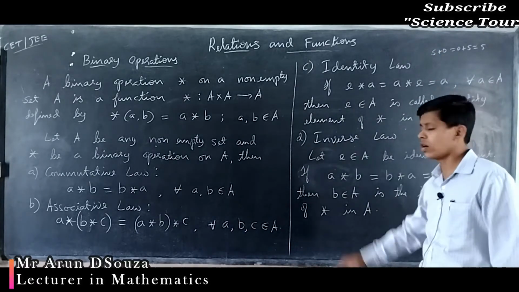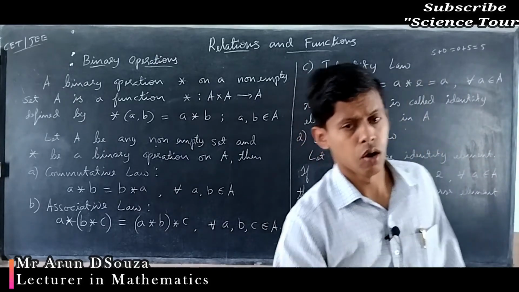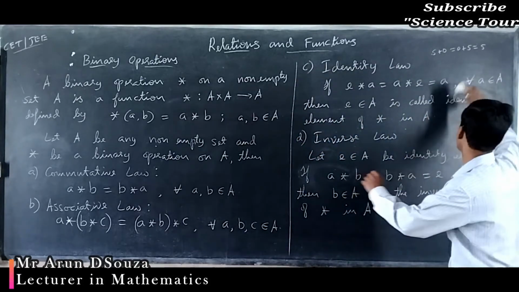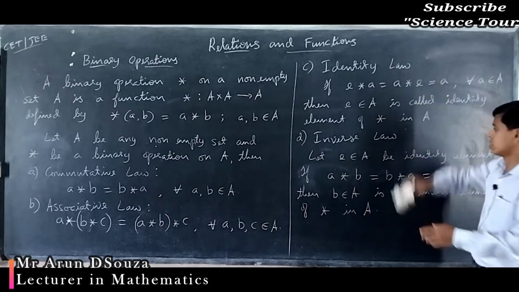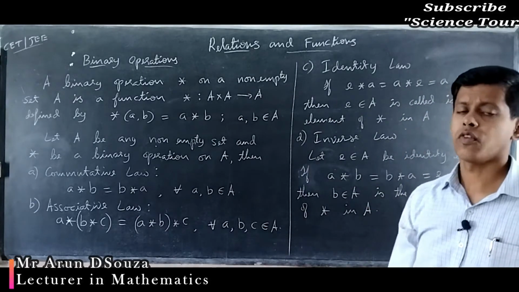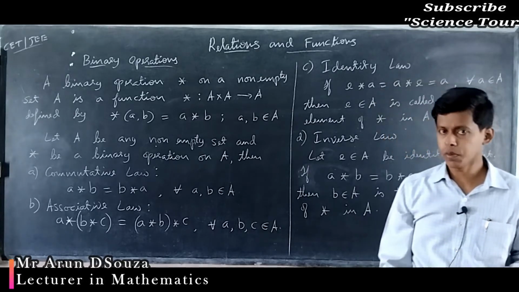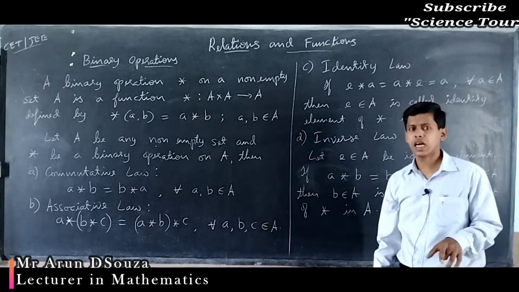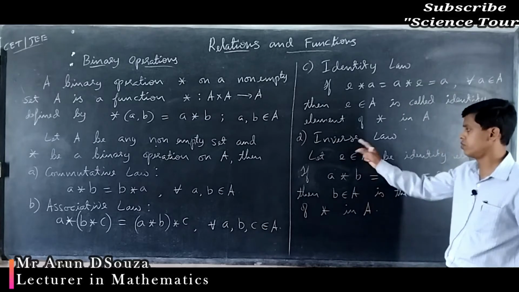So next, what is the inverse law? Understand, you must have an identity for the particular binary operation. If you don't have the identity element, you cannot define inverse.